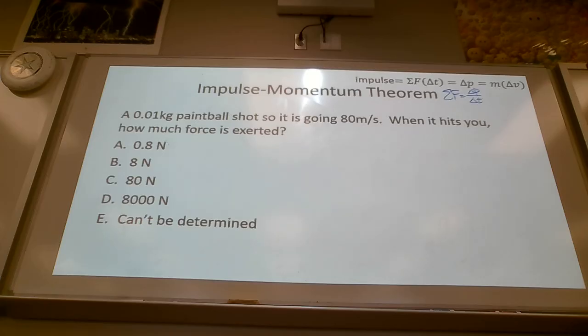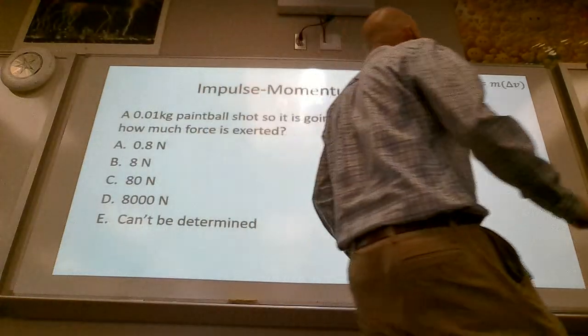Okay, what do you say? What would be really helpful to know? Time. You don't have enough information. Cannot be determined. E. Okay? So, you know your change in momentum.